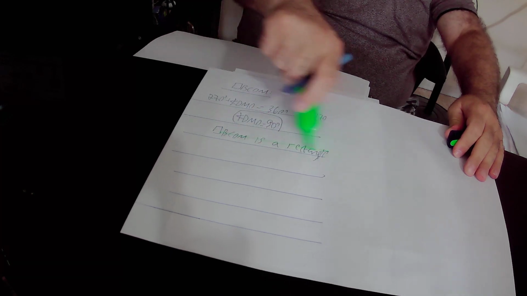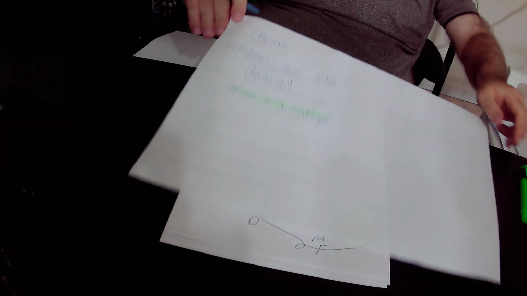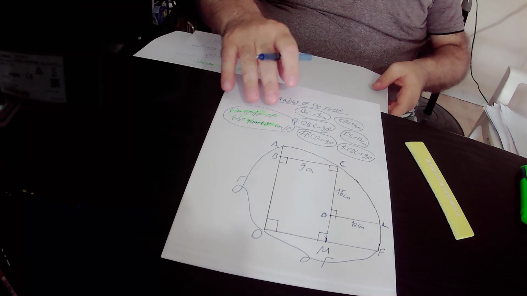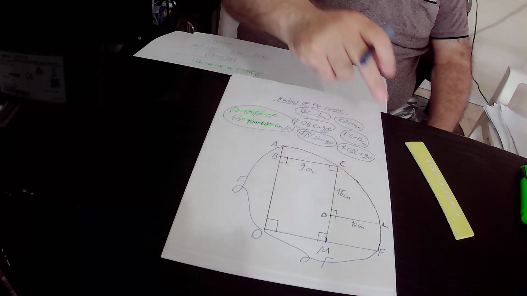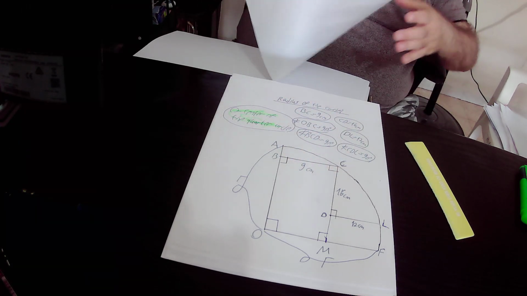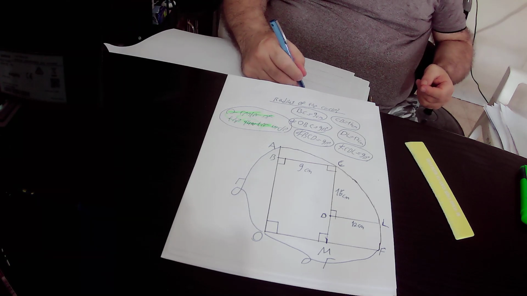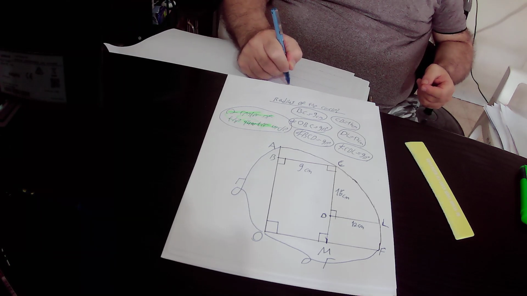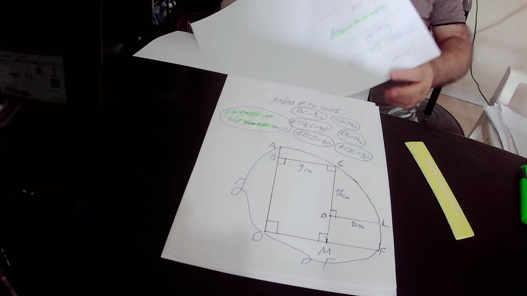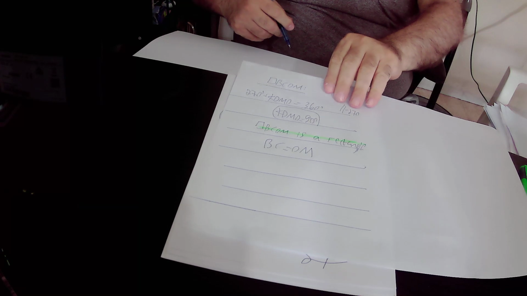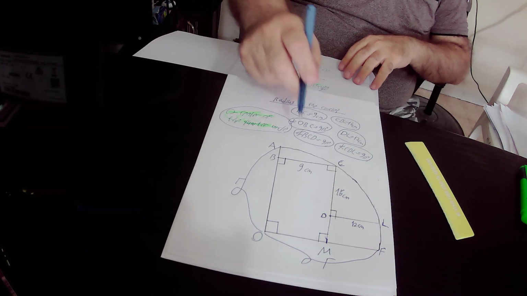And we know that the opposite sides of a rectangle are equal to each other. Therefore, in rectangle BCOM, side BC must be equal to side OM. So BC equals OM, according to the rule that the opposite sides of a rectangle are equal to each other. But according to what is given in the question, BC equals 9 units.